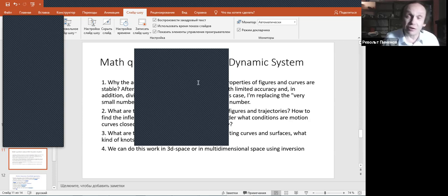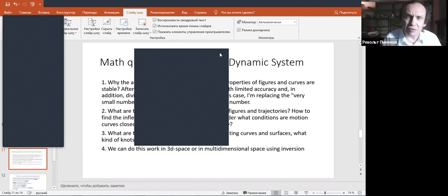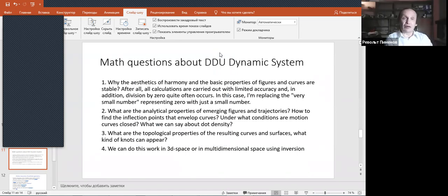I can say that not only toric knots; toric knots appear if you have only hierarchy 2. If you have hierarchy 3 or more, there will be more complex knots.